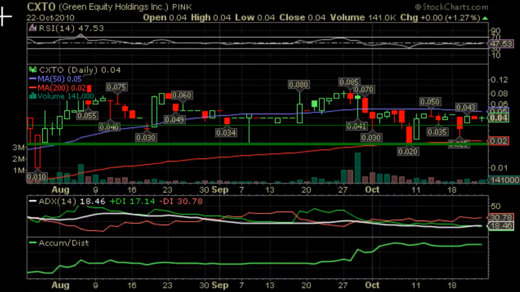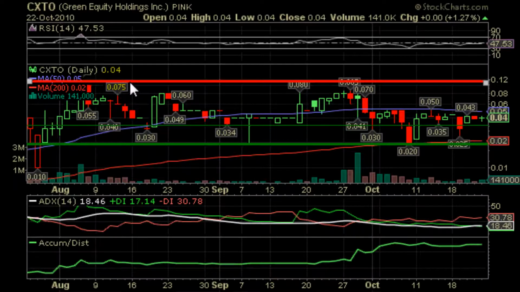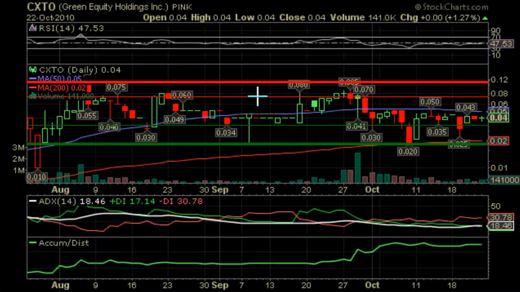Next, we're going to look at lines of resistance. First, our thickest line of resistance is going to be directly at the top of the last run at 0.085. Next, a second level of resistance, which is a little bit weaker, we're going to say is at 0.06.